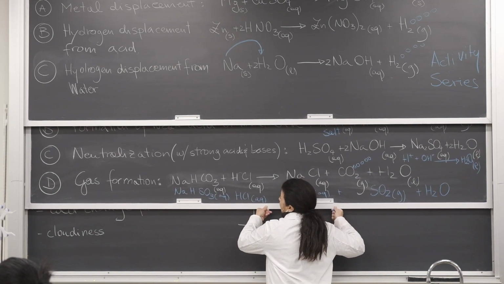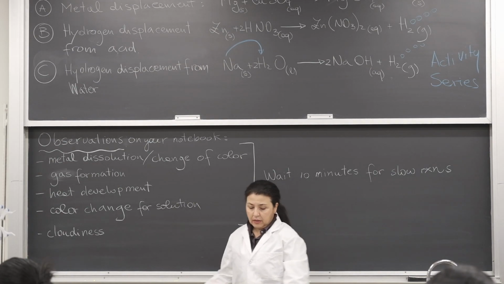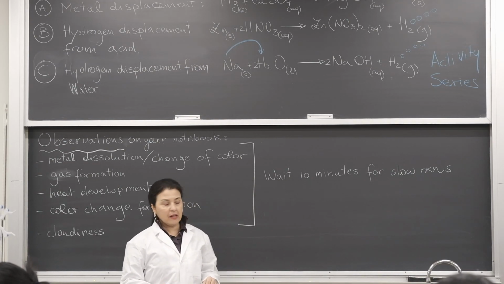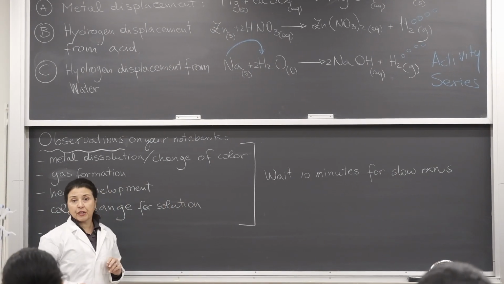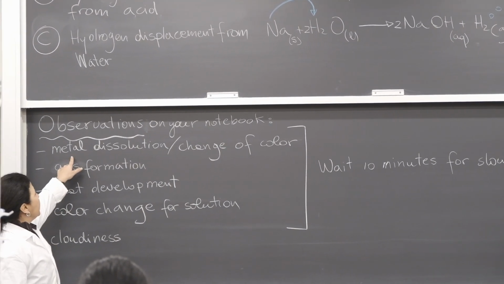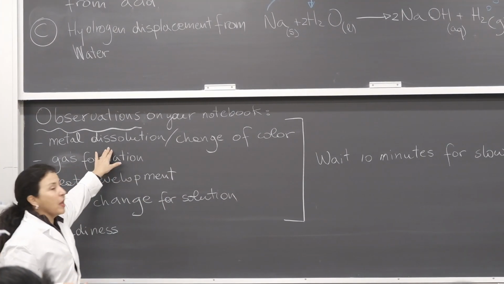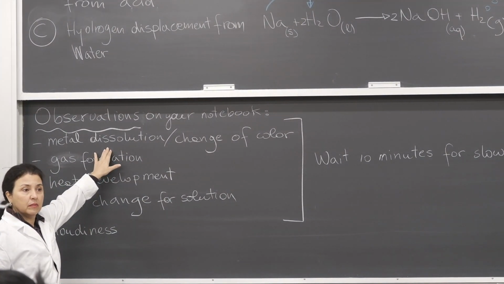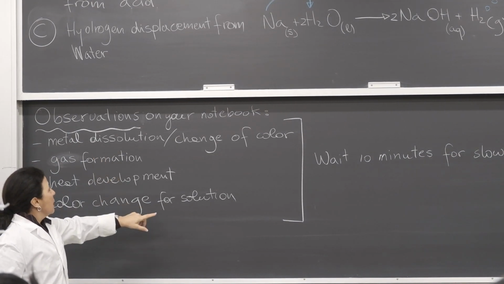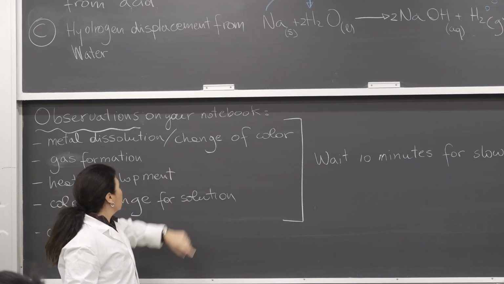In your notebook, you will need to write, for whatever is provided in space, the following observations. When you're performing the reaction, do we see a metal decomposing? That means that we have a metal displacement. Do we see a metal changing color? We need to write it down.